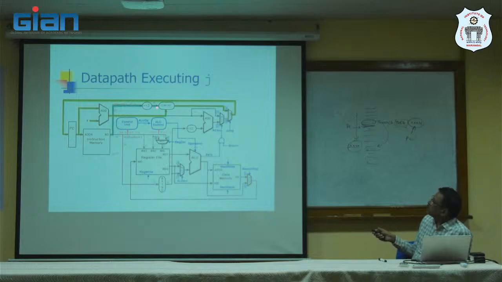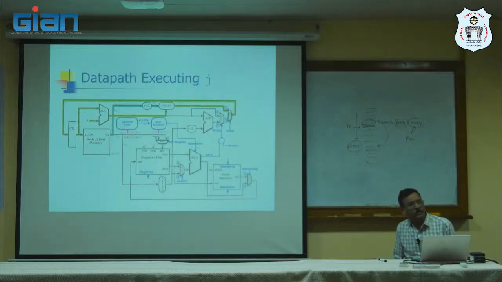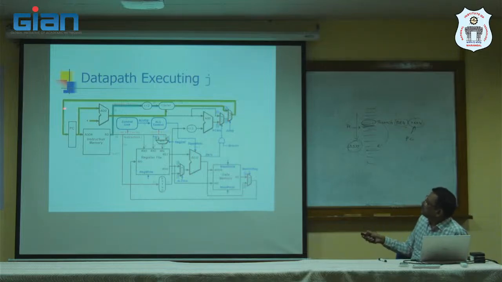These 26 bits are converted into 28 bits by shifting left by 2. Then 4 bits are concatenated, converting it into 32 bits. This 32-bit address is the unconditional jump address. That address is loaded into the PC.